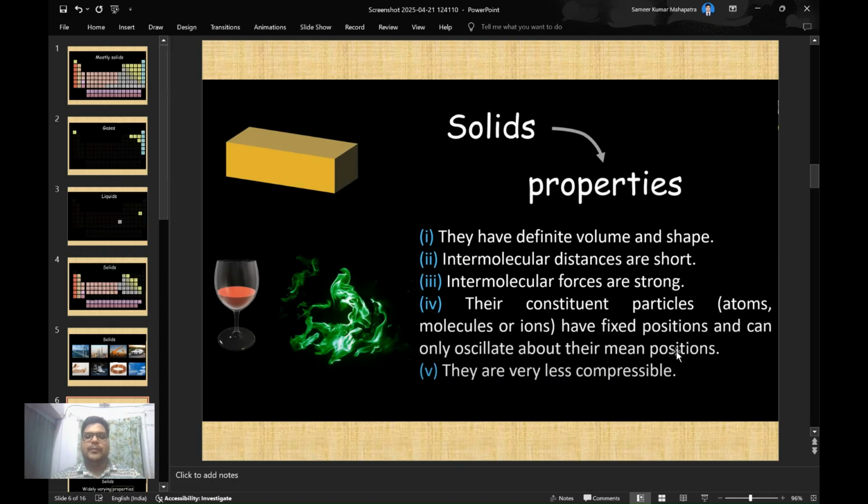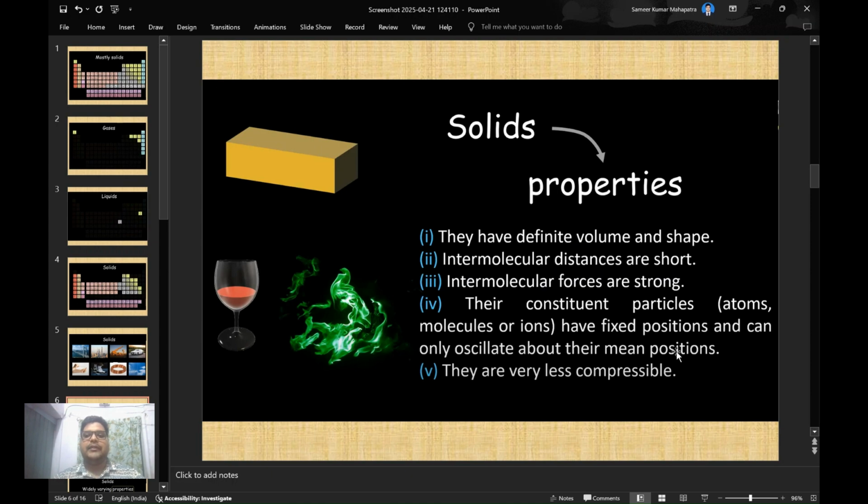For particle movement, the particles in the solid state are fixed in their positions, while in the liquid state the molecules can move and flow, and in the gaseous state the molecules can move randomly. In the case of compressibility, solids are less compressible than liquids and gases, and shape and volume were also discussed.